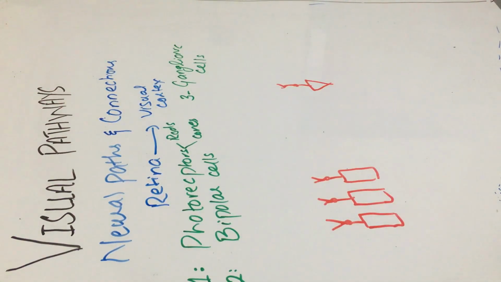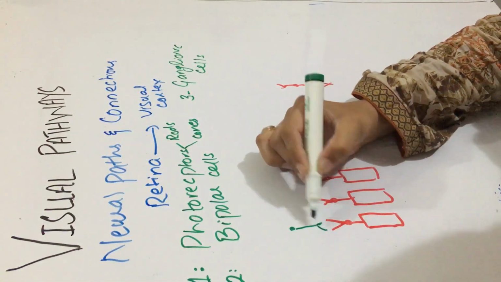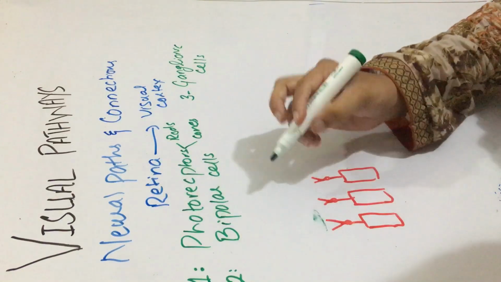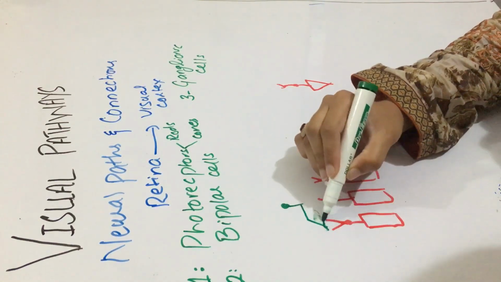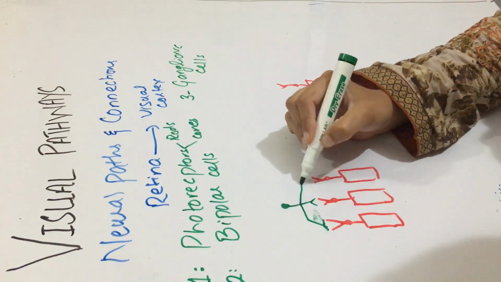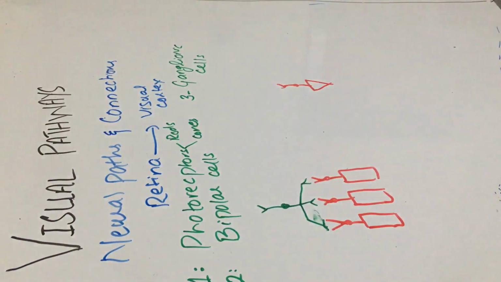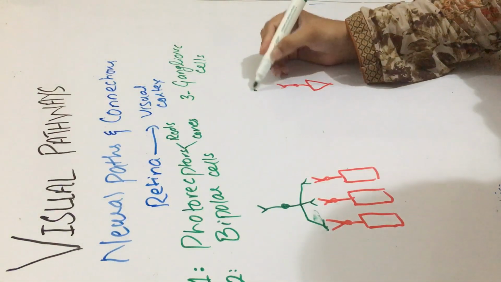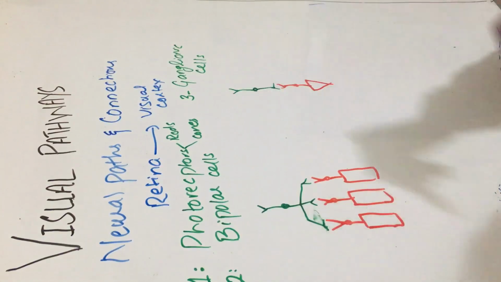Now next I will draw the nucleus of bipolar cells. Here it is synapsing with the rods and this is its axon. Here again I will draw the bipolar cell, its nucleus, this is its dendrite, this is its axon.